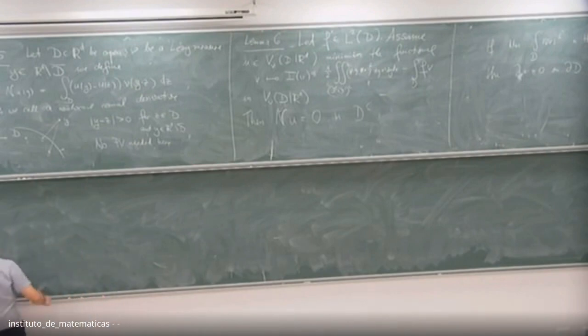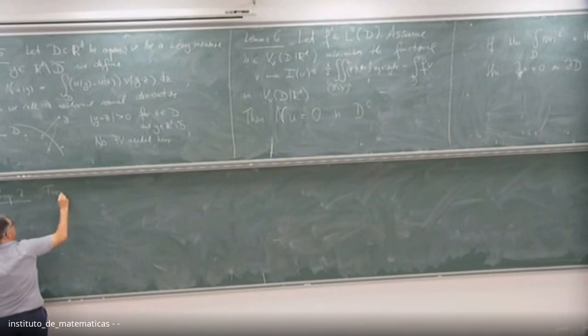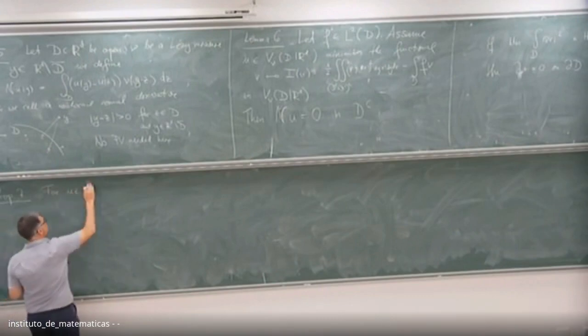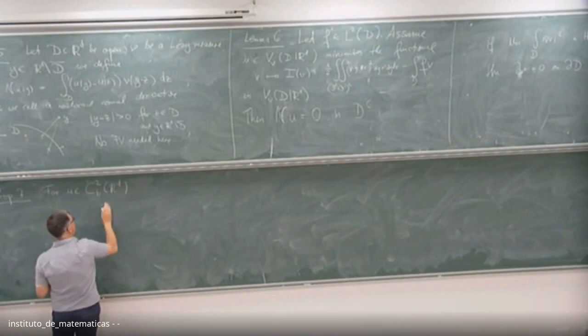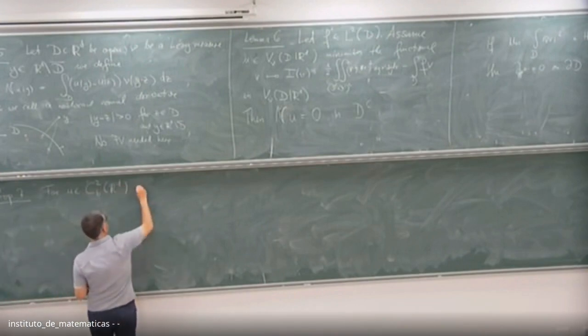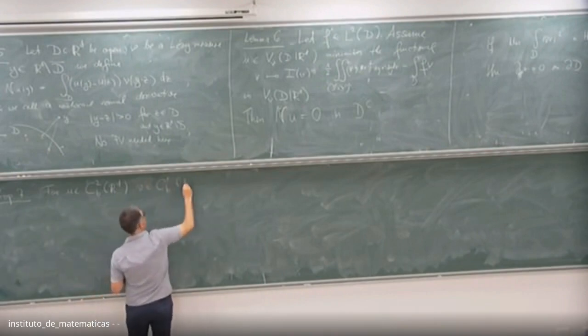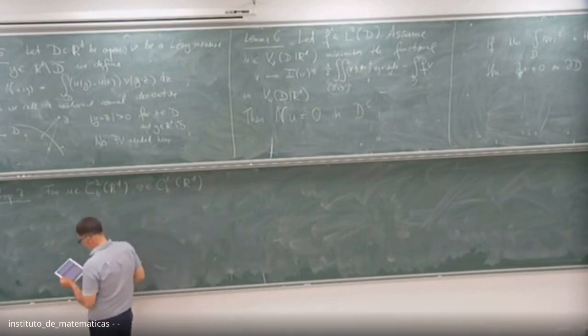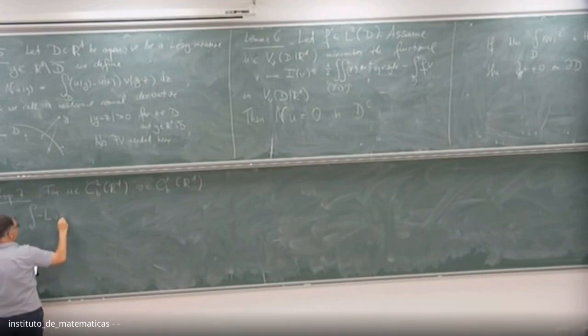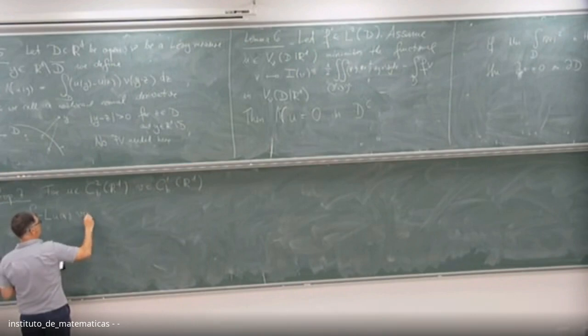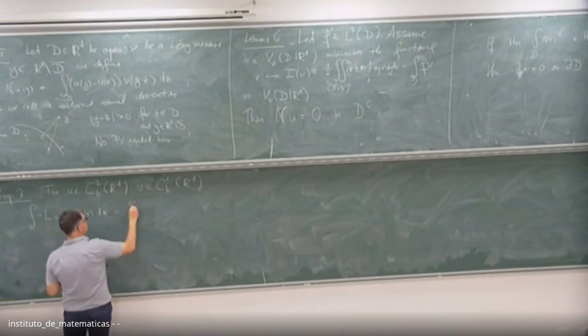So we had lemma 6, and then we have proposition 7. For u in C2B, that means bounded in R^d, and v in C1B, we have the following formula. So we have not seen the operator L already, but I think you know what it is, and I will explain it in a moment.